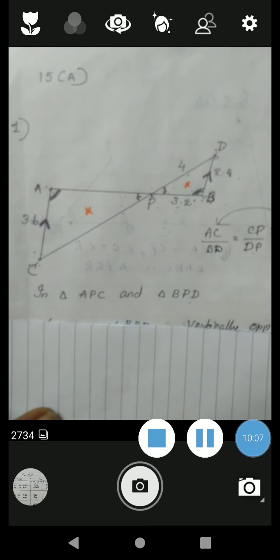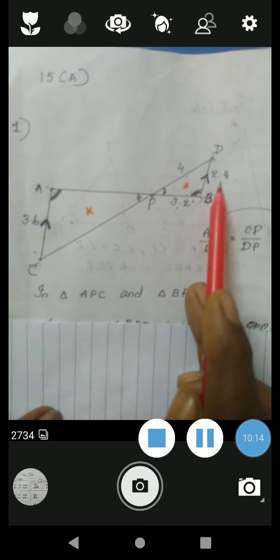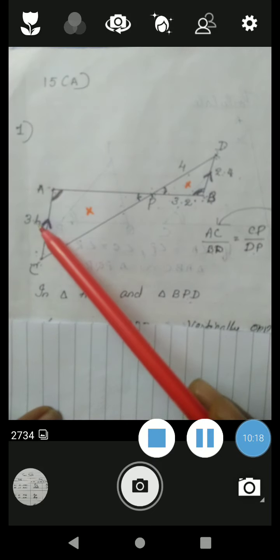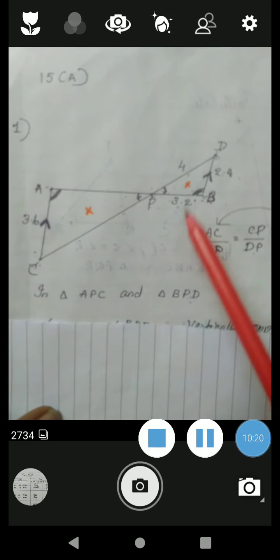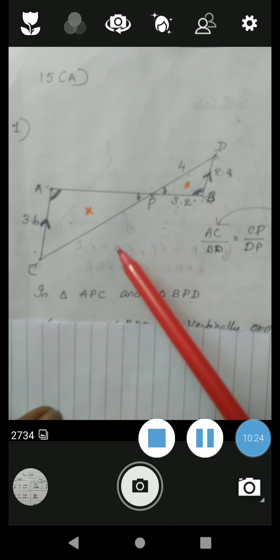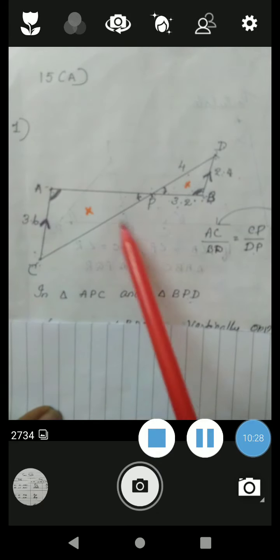First we have to prove that. Then second case, if BD equals 2.4, AC 3.6, PD 4 centimeter and PB 3.2 centimeter, find the length of PA and PC.